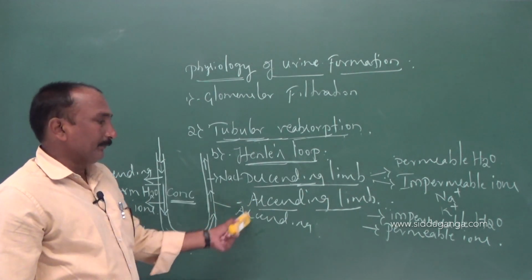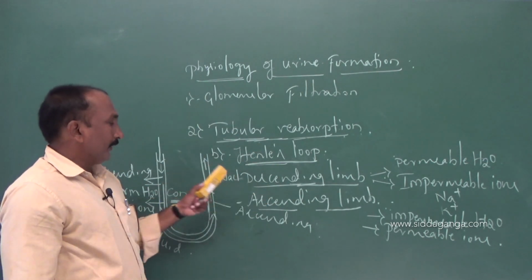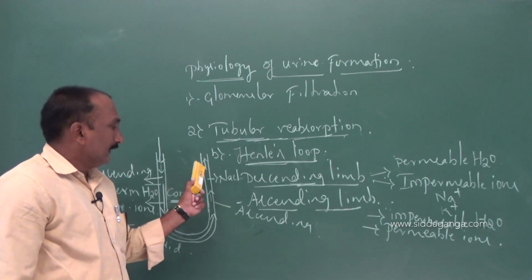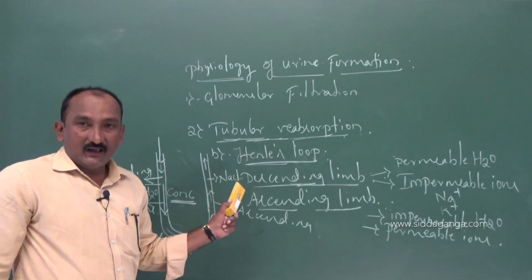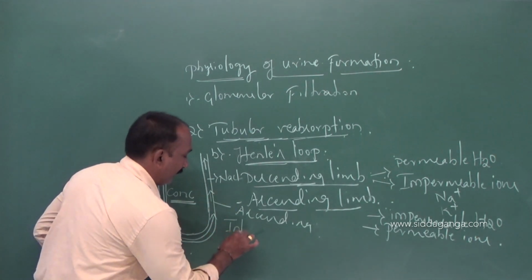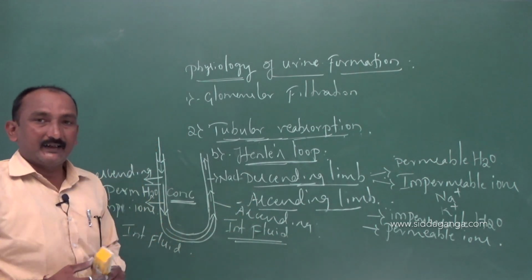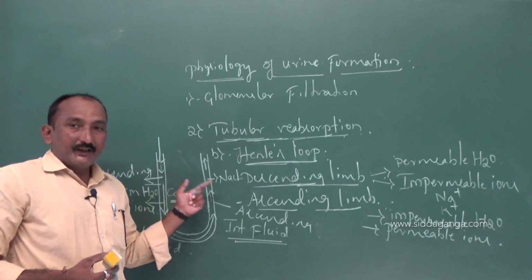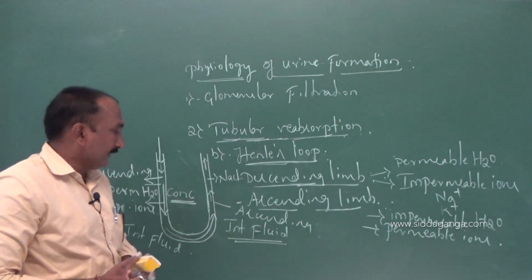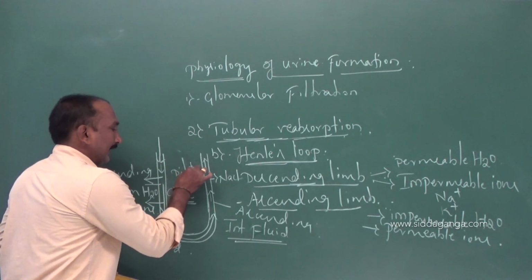The water is retained in the filtrate, but the sodium chloride ions will be reabsorbed into the interstitial fluid. As a result, the ions are removed from the filtrate and that filtrate gradually becomes diluted.